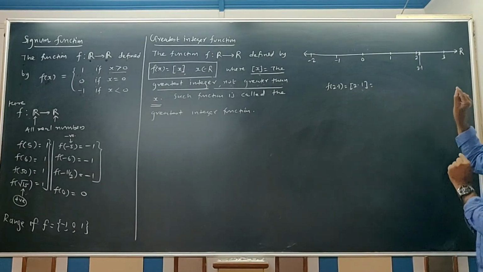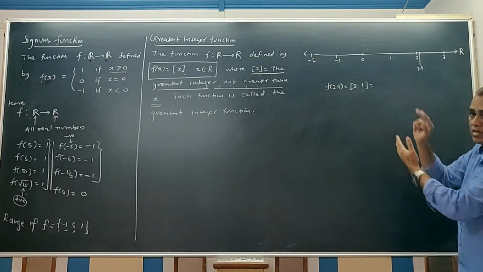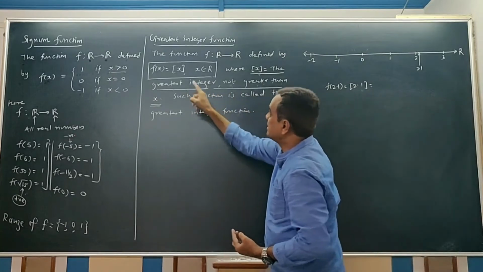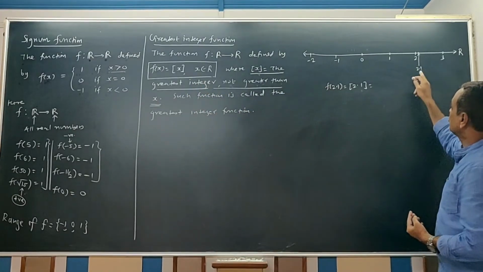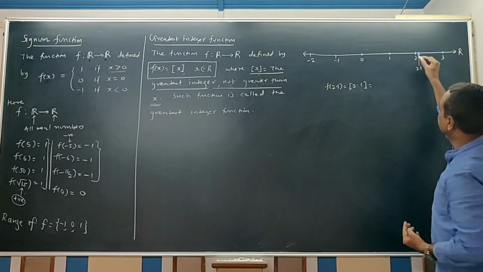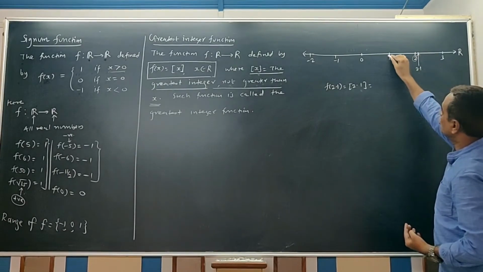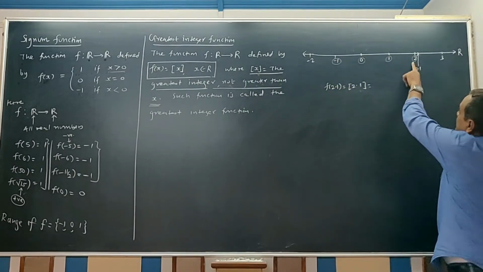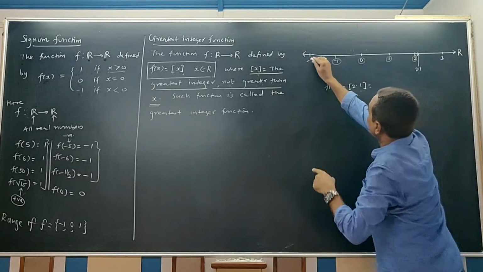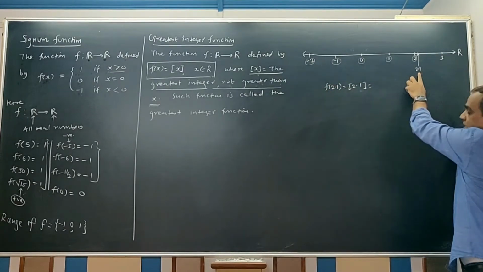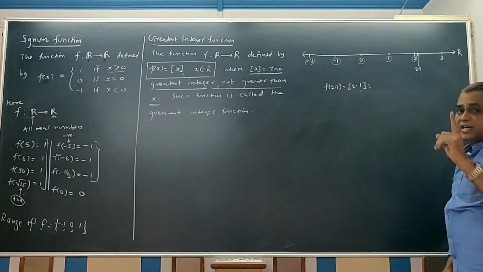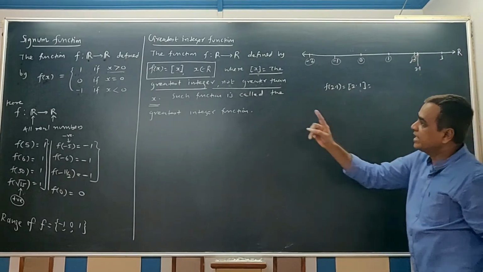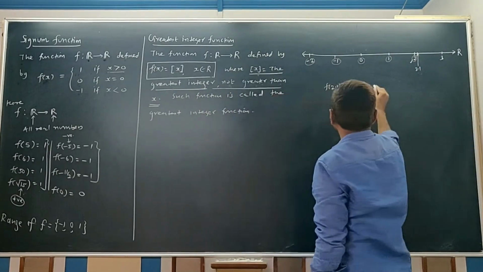It can be that number or less than that number, but it is the greatest integer. On the left side of 2.1, the integers are 2, 1, 0, minus 1. These are integers not greater than 2.1. Among these, the greatest is 2. So take the greatest, that is 2.